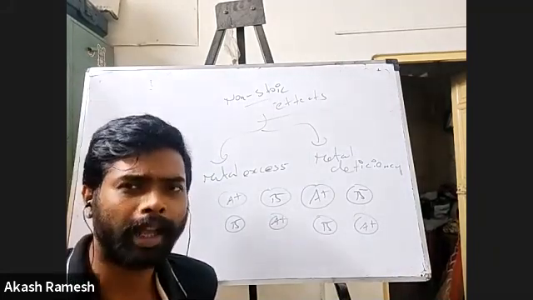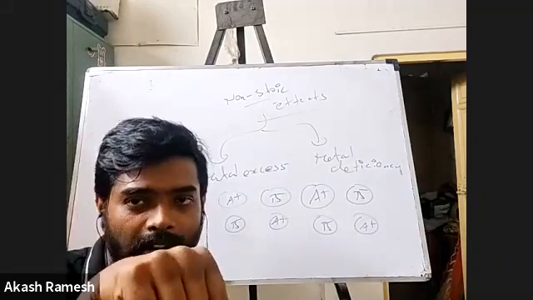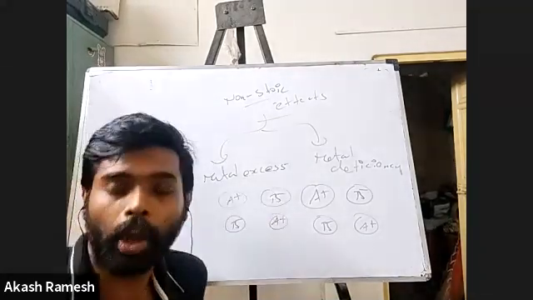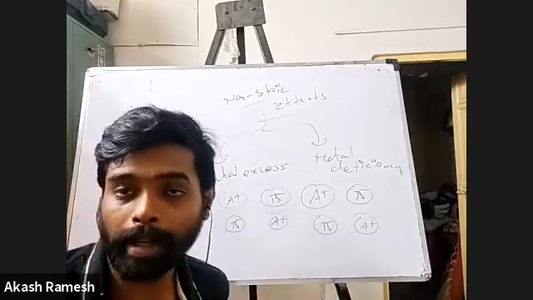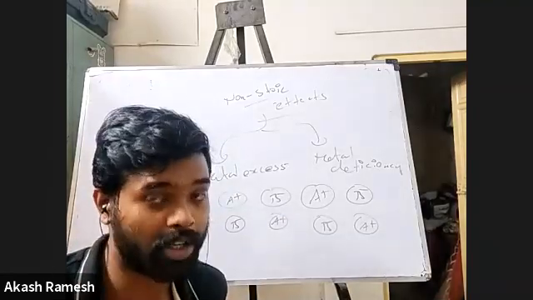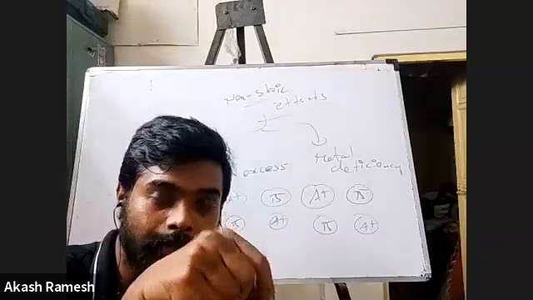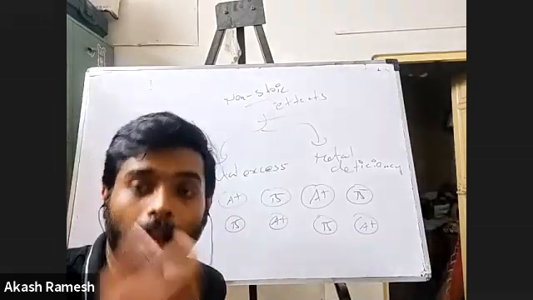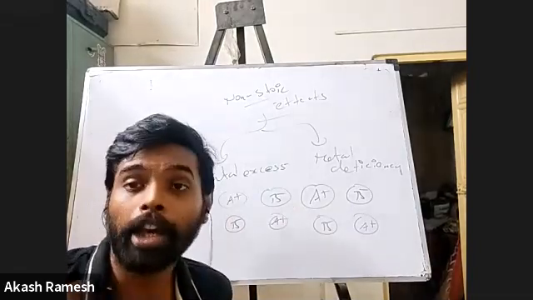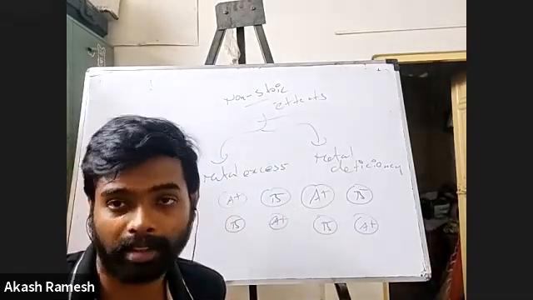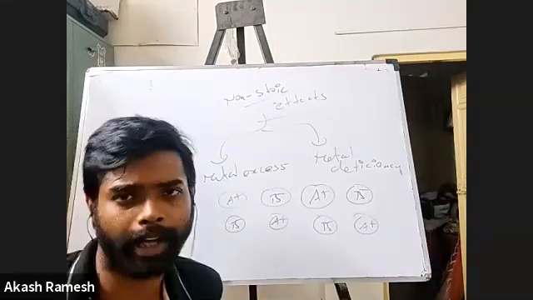Either I add one extra cation to create a metal excess, or I remove an anion to create a metal excess. Either way, the metal will still be in excess. Again, I repeat: you either add an extra cation, or you remove an existing anion from the lattice. Either way, you create a metal excess defect, and we'll see what happens in both ways.